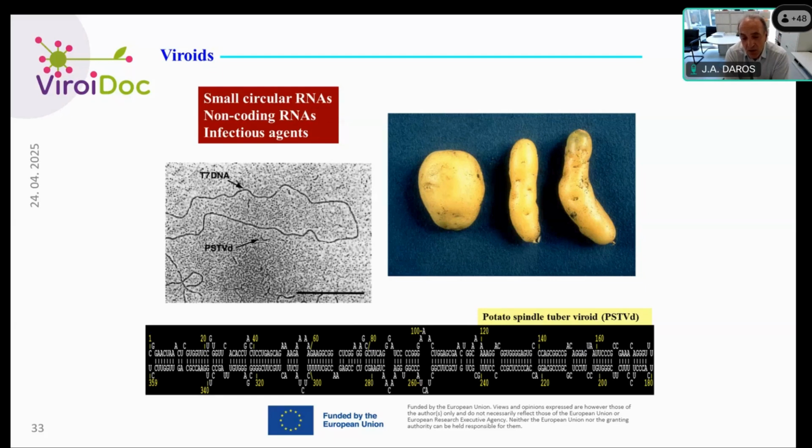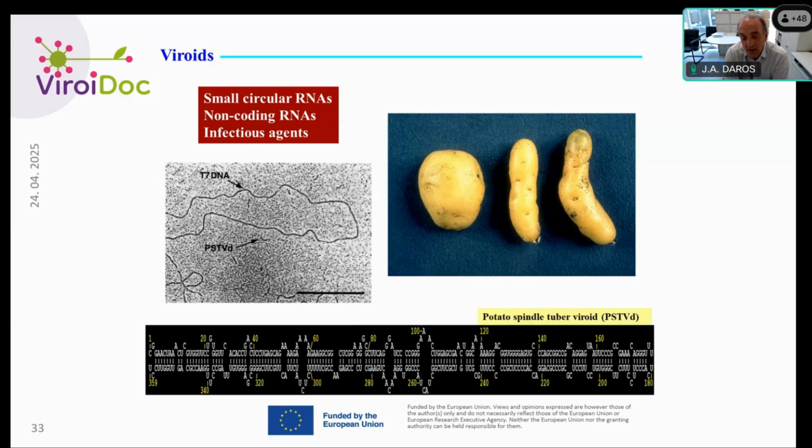Another important question is that, to our knowledge, viroids are non-coding RNAs. Nobody has been able to demonstrate so far a protein product that is produced from a viroid.